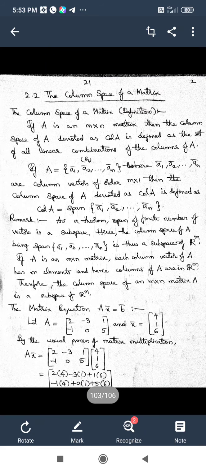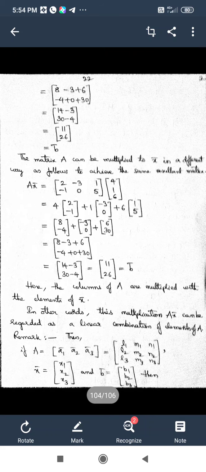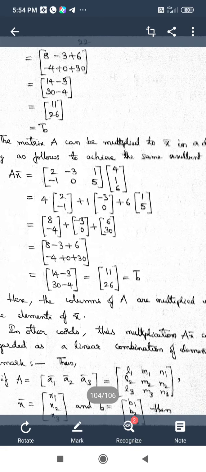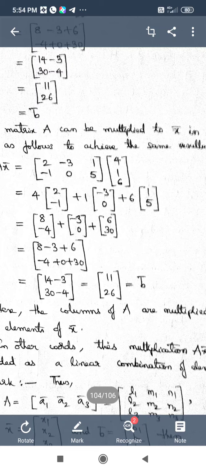And we have gone through the matrix equation A x bar is equal to b bar represented in two different ways. Using the usual matrix multiplication, we have seen how A x bar is multiplied to get the resultant matrix b bar, and we have used the linear combination method also and seen that A x bar is again equal to b bar.